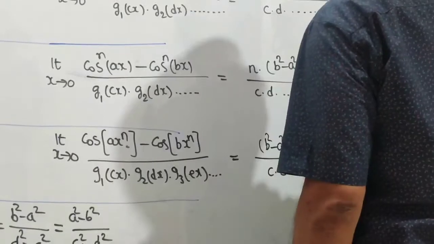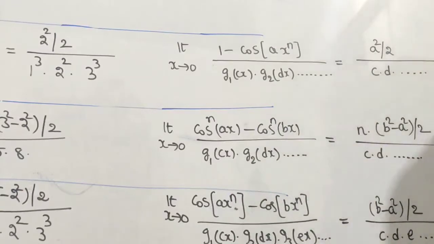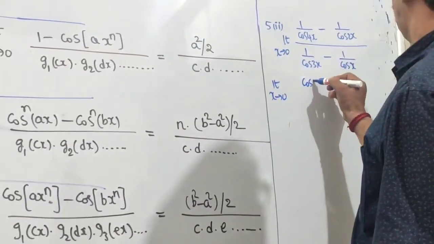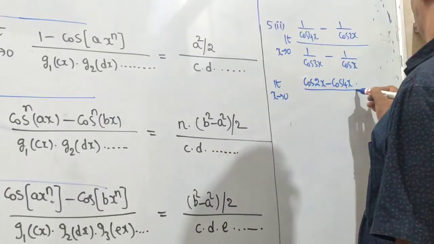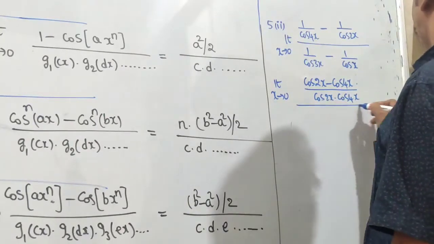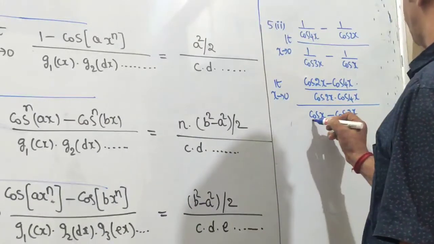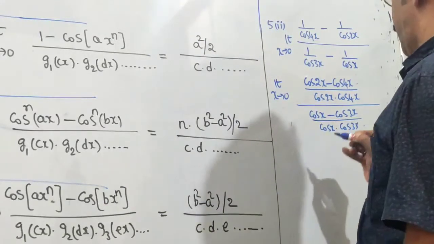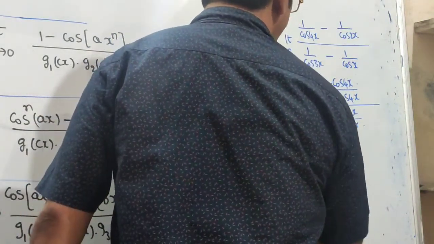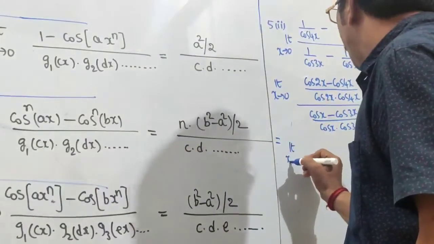Okay, it is limit x tends to 0. So just simplify it. That is equal to (cos 2x minus cos 4x) divided by (cos 2x into cos 4x), whole divided by (cos x minus cos 3x) divided by (cos x into cos 3x). So that is equal to limit x tends to 0.